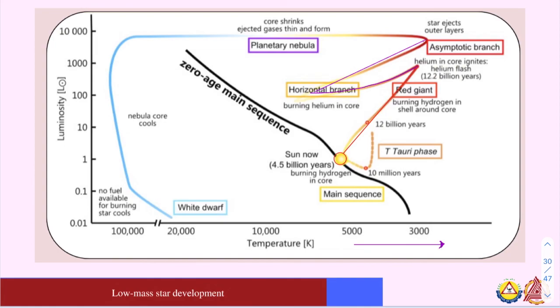And eventually for a low mass star, it will evolve into a planetary nebula, a somewhat luminous body, until it reaches its ultimate fate, which is a white dwarf. So this summarizes the development that will happen in low mass star development. We will talk about the processes that led to this development in the following sections.